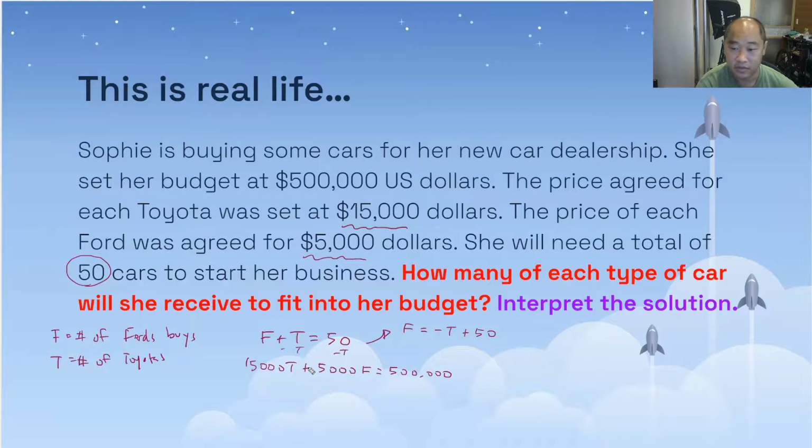And I can substitute that into this equation. 15,000 t plus 5,000 times negative t plus 50 equals $500,000. These are some big numbers. I want to use a calculator so I don't make a mistake because, as you might remember, I am prone to mistakes. So let's distribute this first.